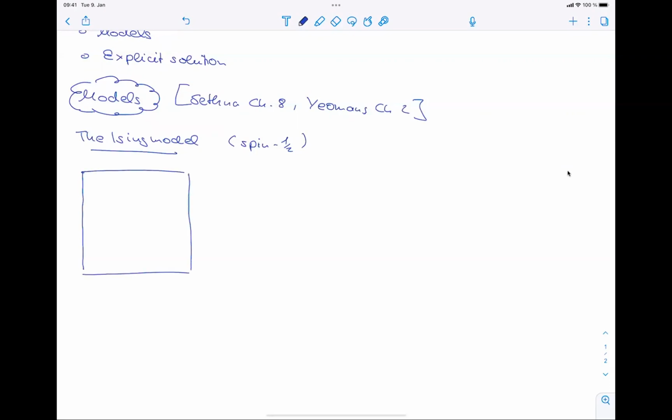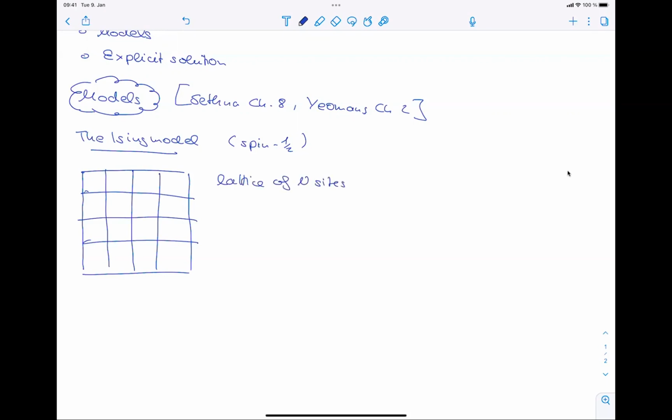So let's consider a two-dimensional lattice of n sites. Now, on each of these lattice points, I have a spin that can either point down or can point up.